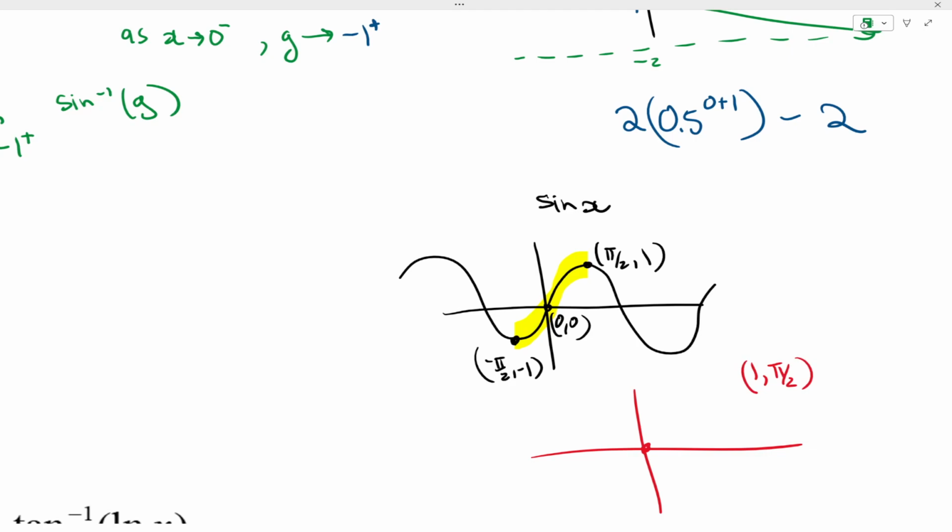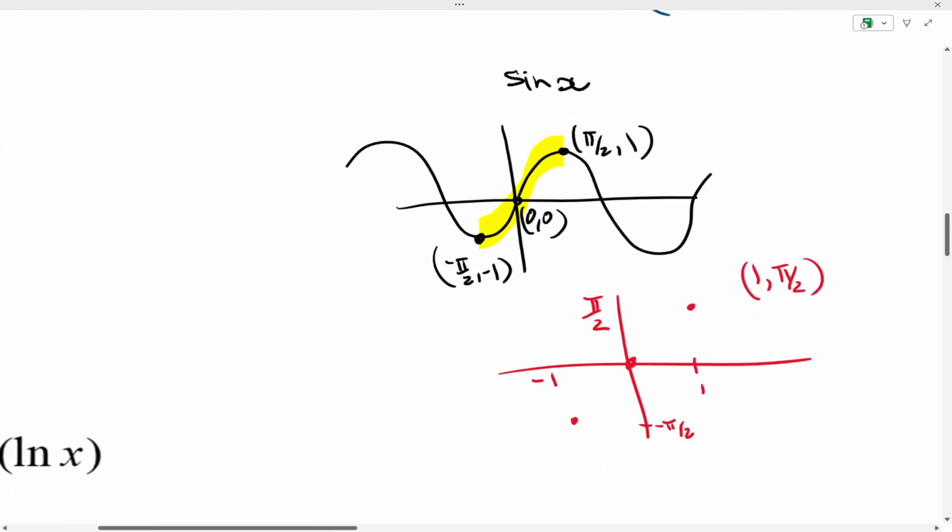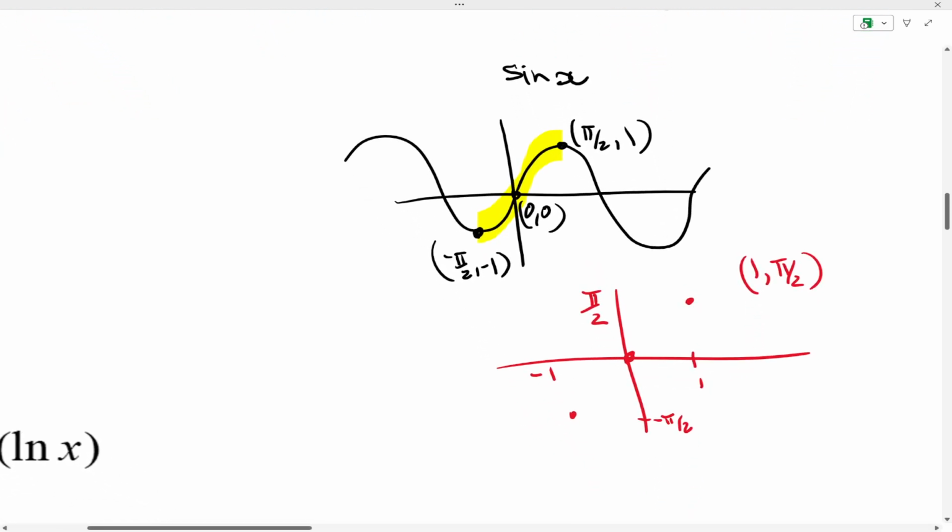Am I going too fast, or is that okay? No. So that's 1, pi over 2, and then we'll have another point, negative 1, negative pi over 2. So just having 3 points, sometimes it's kind of hard to know how do we connect them. Do we connect them with a straight line? Yes or no? No, it's not supposed to be a straight line.